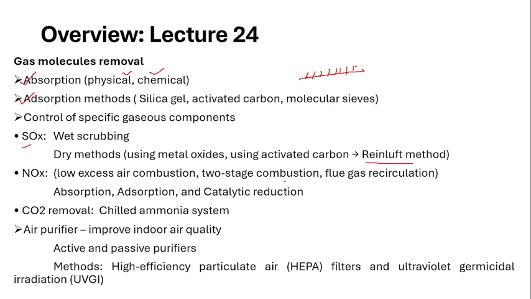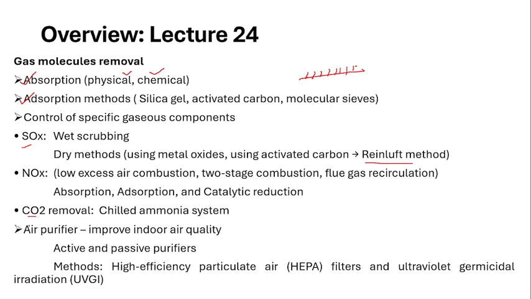Next is two-stage combustion, again to reduce the NOx emission. Next is flue gas recirculation, to use the inert nitrogen again and again to reduce the nitrous oxide or nitrogen dioxide emission. And these NOx can be removed through any absorption or adsorption method, or through selective or non-selective catalytic reduction methods.